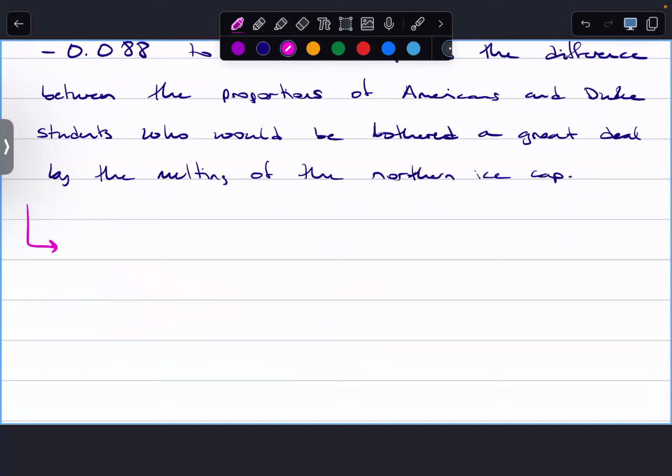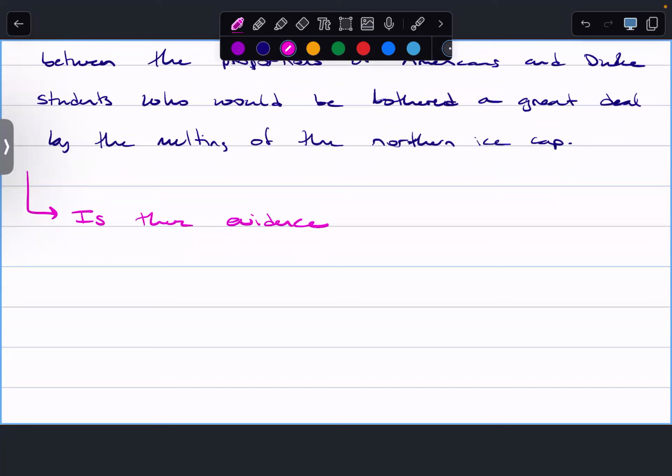what I want you to think about is there evidence that there's a significant difference between Americans and Duke students in how they feel about blah, blah, blah, right?